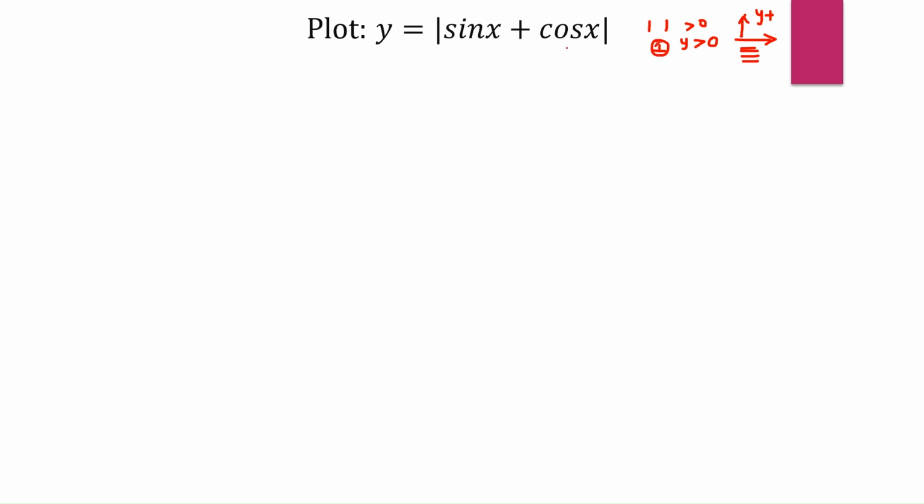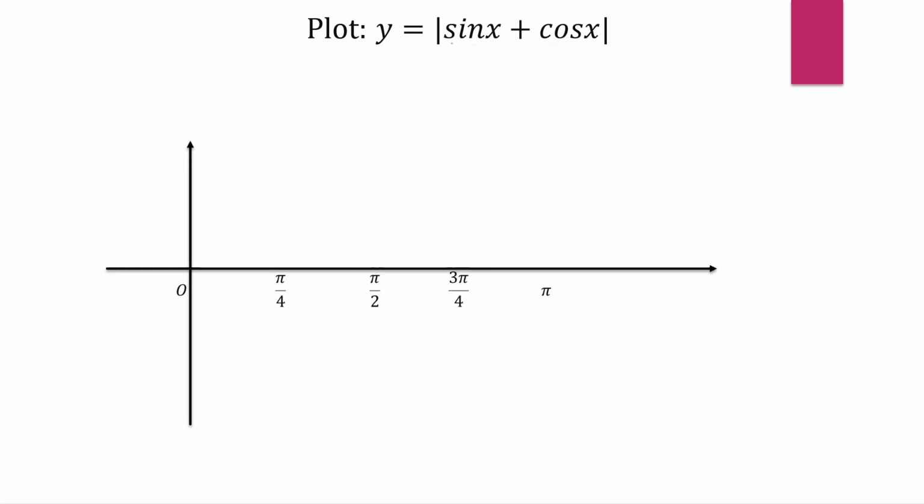Next we'll see the zeros of y of x. For that, let us first consider sin x plus cos x and find its zeros. Sine and cos are periodic functions, so let us find the period of y.